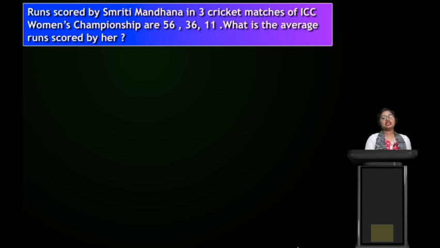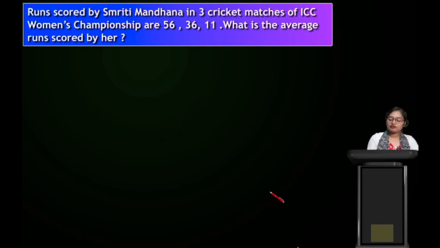So, children, here you can see the runs scored by Smriti Mandhana in 3 cricket matches of the ICC Women's Championship are 56, 36 and 11. What is the average runs scored by her? So, what do we have to find out here?